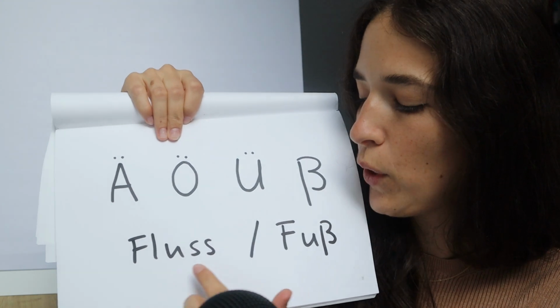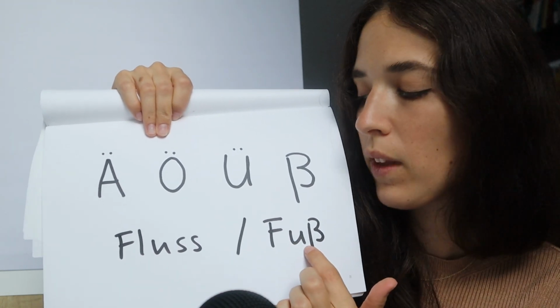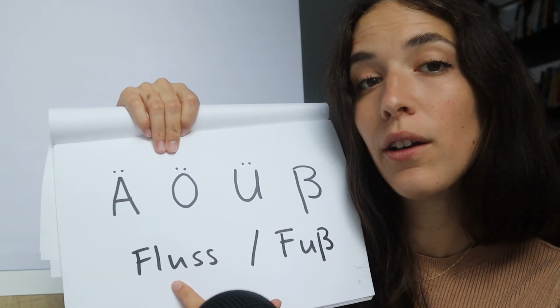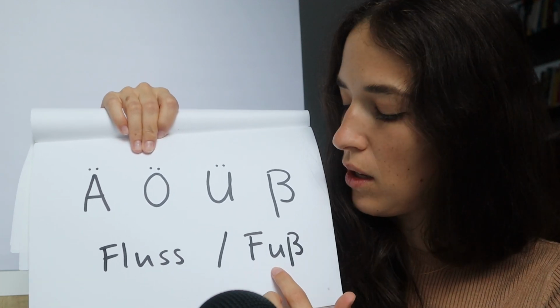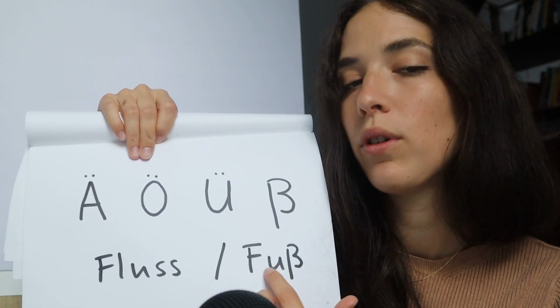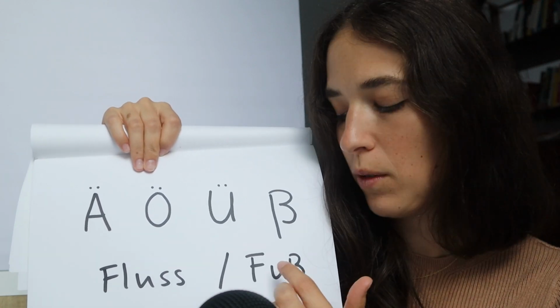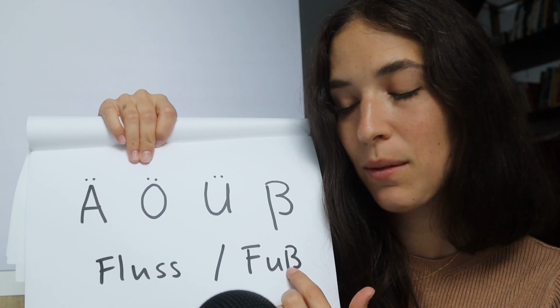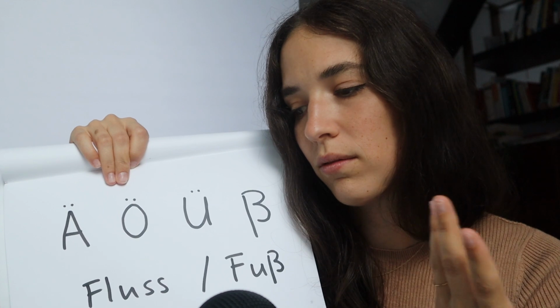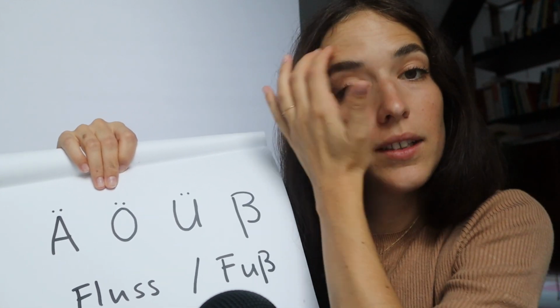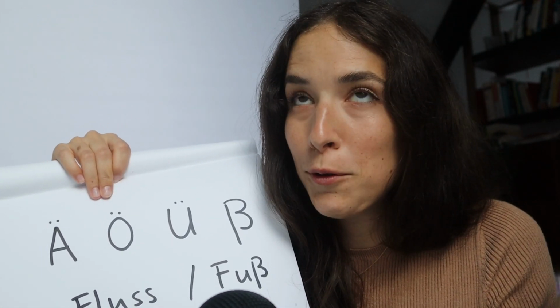Fluss versus Fuß. So Fluss meaning river, and then Fuß meaning foot. But you see, this one is pronounced as a long vowel, so then there's the sharp S behind that and not the double S. They just threw that in for gusto.